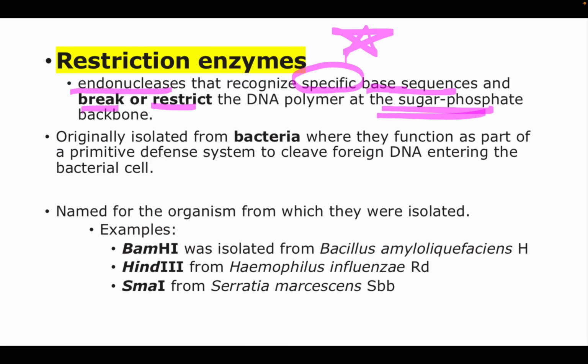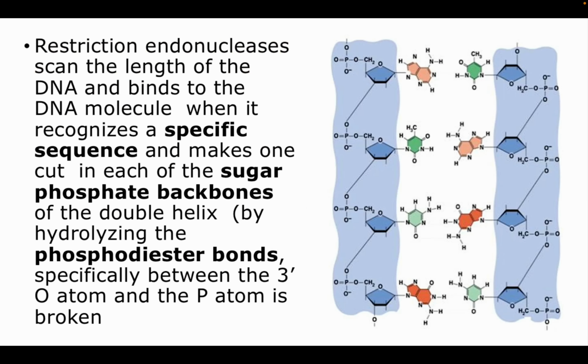I'm going to show you the specific part where the restriction enzyme cuts the DNA. This one, the 3' oxygen atom. I hope you still recognize the structure of your nucleotide. You have here the ribose, the nitrogen bases, and the phosphate group.